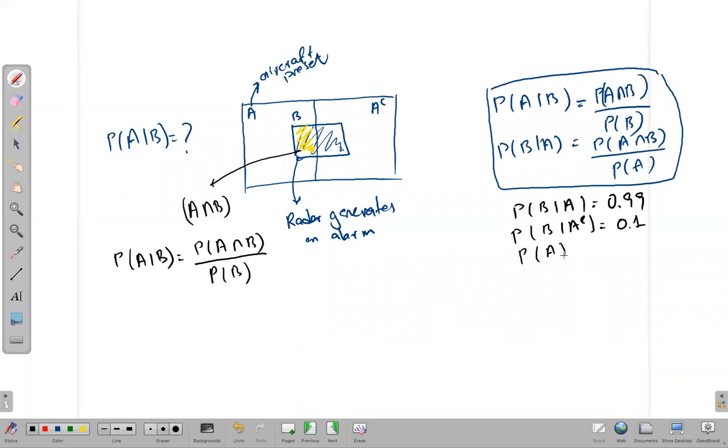From this, I can also say that the probability of B complement given A complement is 0.9, right?